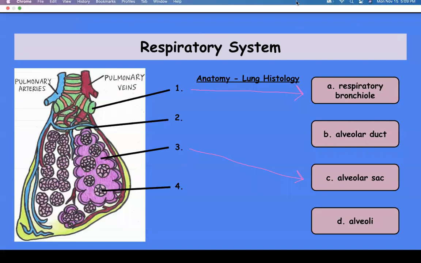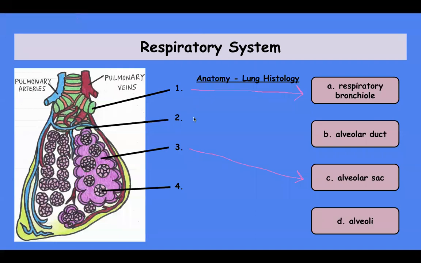All right, I am also seeing that 1 is A, 3 is C.